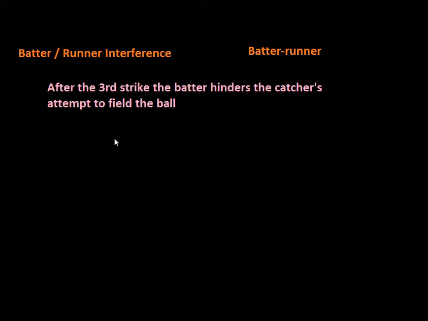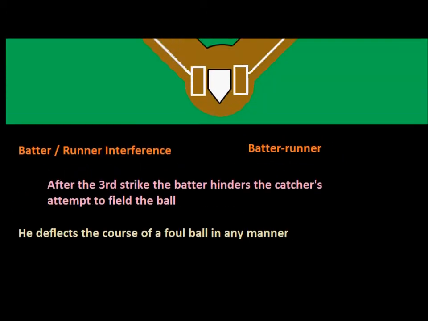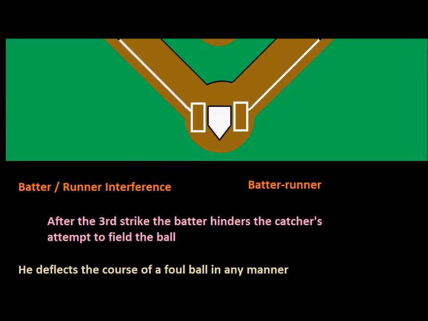The next way is that the batter intentionally deflects the course of a foul ball in any manner. This could take place in a similar area.